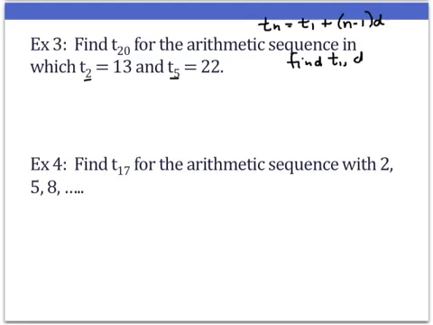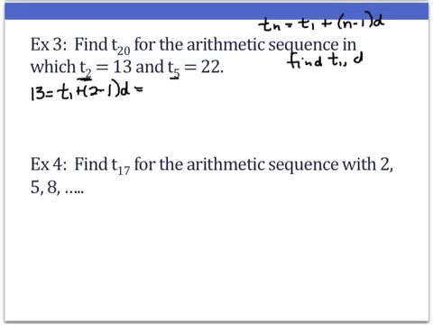So we're going to set this up as a system of equations, and we're going to start with T2, and T2 is 13, so this is going to go on this side. And we need to find the first term, and n is 2, so 2 minus 1 times d.